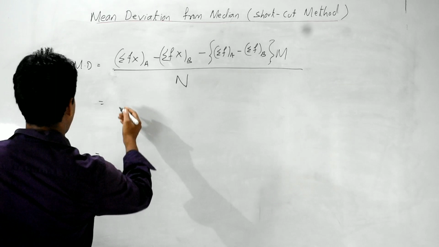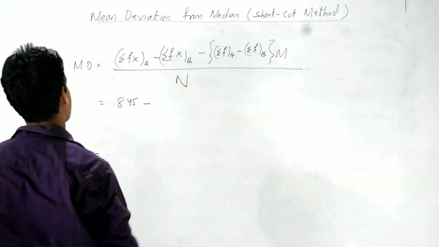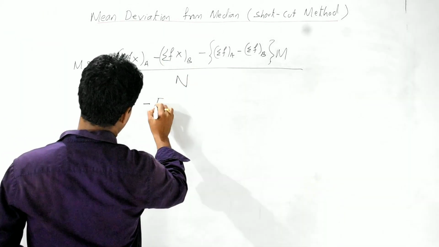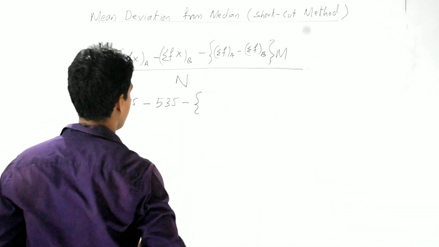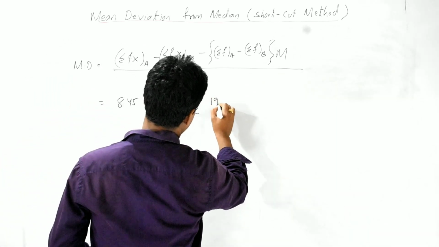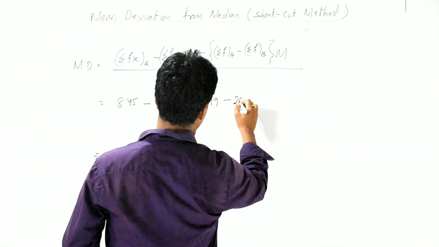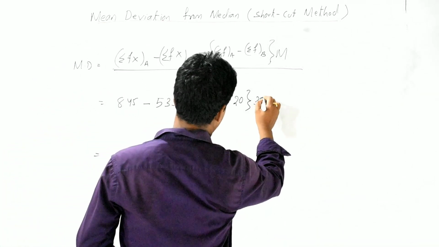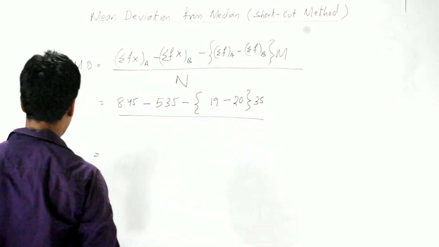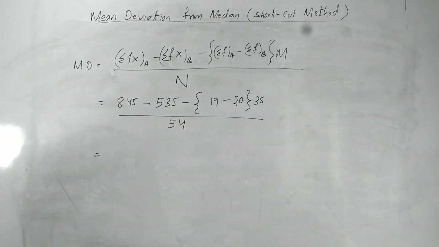Summation fx of a equals 845 minus summation fx of b 535 minus summation f of a 19 minus summation f of b that is 20 whole into the value of the median 35 whole divided by total frequency that is 54.